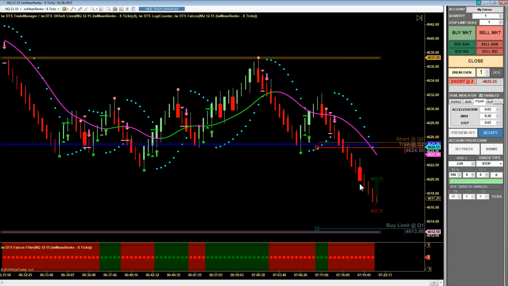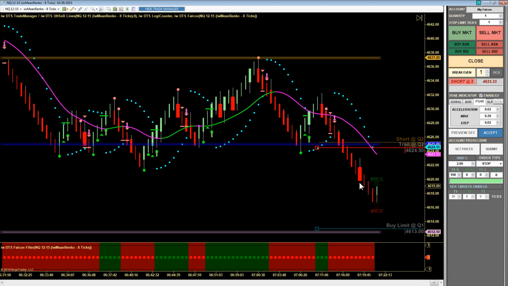If you want to follow time charts, I'm using the Indicator Warehouse Mean Renko bars, which are part of the DTS package. But you can use them on time charts, tick charts, pretty much any chart style you want, and they give you a graphical representation of the volume. So we know there was a whole lot of volume associated with this bar. You can see the width of that bar relative to the other ones.